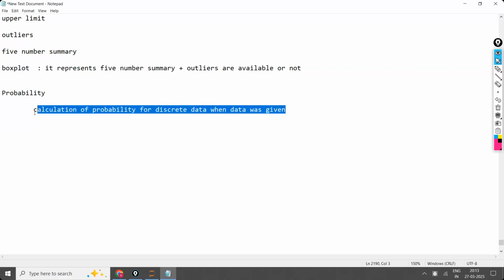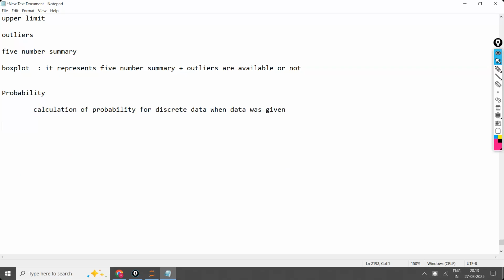Similarly, I explained the calculation of probability for continuous data when data was given.